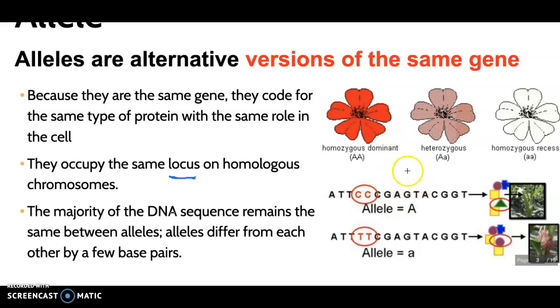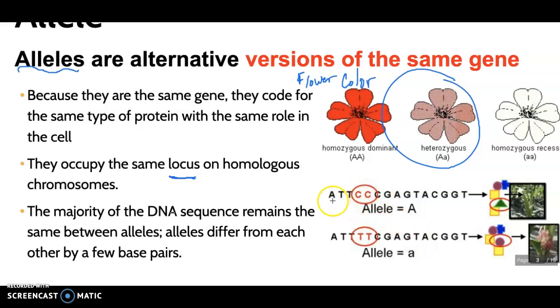So if we're looking at our flower color here, here's our red flower, our pink flower, and our white flower, and they all have a gene for flower color, right? But the allele is going to be what is presented as a result of their gene.